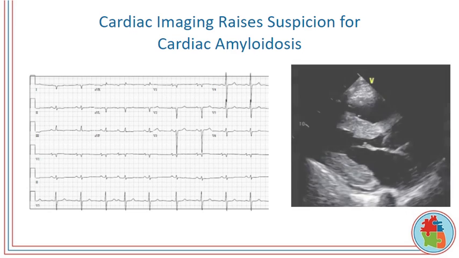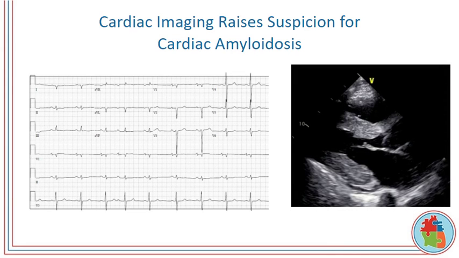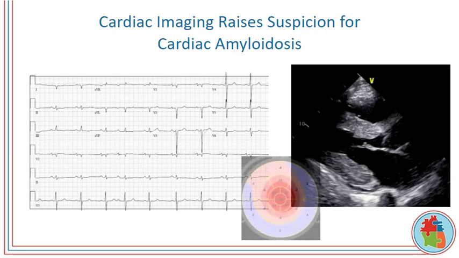Echocardiography can also be very helpful to raise initial suspicion for the diagnosis, specifically increased LV and RV wall thickness with diastolic dysfunction. Apical sparing of longitudinal strain has also been associated with cardiac amyloidosis, though the sensitivity and specificity of this finding is only about 70%.